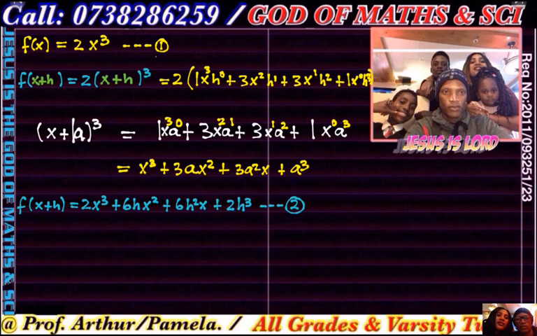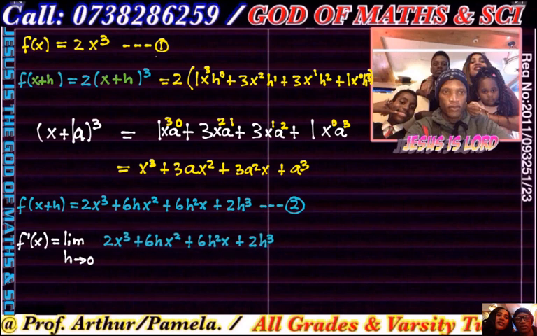2 minus 1. So f prime x is given by limit, and then h approaches 0. So I need to take my number 2. So I'm going to put my number 2 here. There it is over there. And then minus number 1.